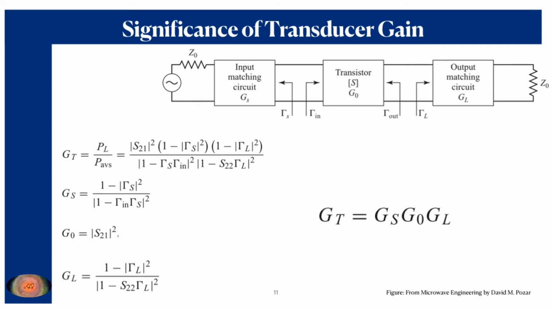Therefore, the overall transducer gain of an amplifier can be seen as the product of the gain from the input matching circuit, the gain of the transistor itself, and the gain from the output matching circuit.